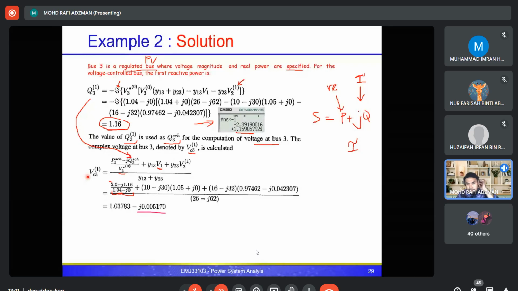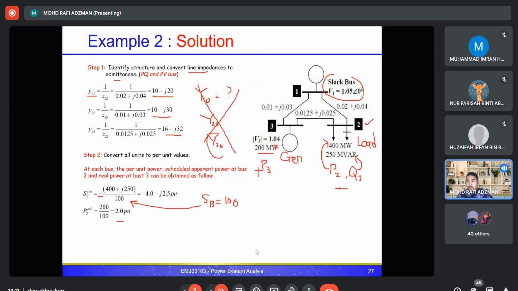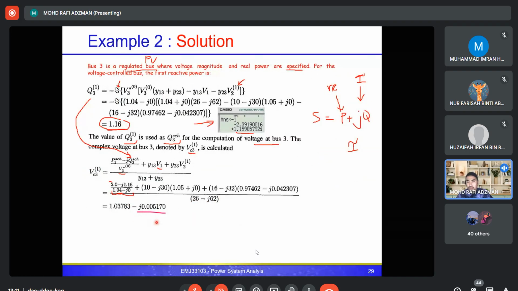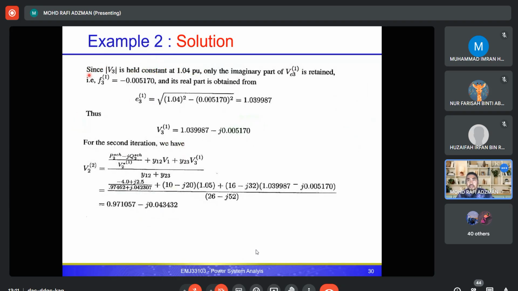So finally, we find that VC3(1) equal to 1.03783 minus j0.0517. Since we know that VC3 has a fixed value for the real part, which is 1.04, we only use the imaginary part later on.